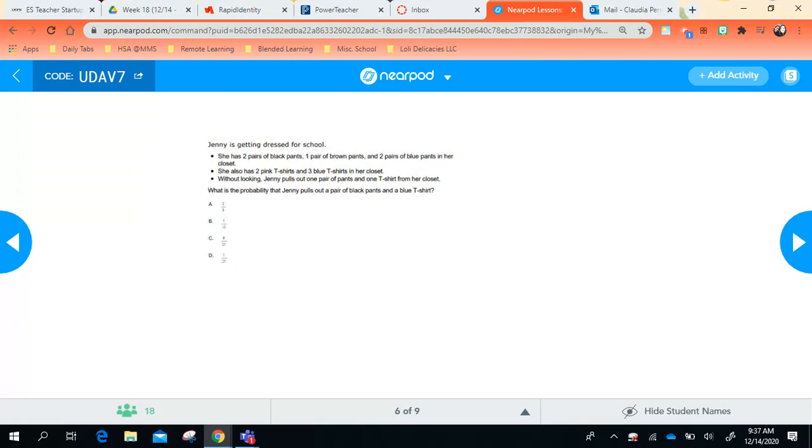Okay, so this is the one that we printed out for you and is on your desk. I'm gonna come around and glue. Once I glue it in, I want you to start reading it. Even if I haven't glued it, start reading and underlining. Start reading and underlining important information.